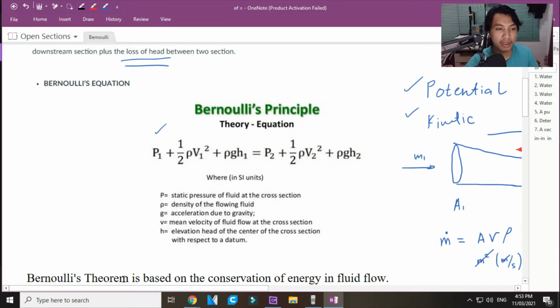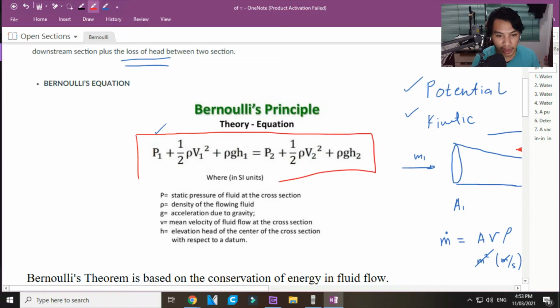Now, going back to the Bernoulli equation, by the energy in, energy out equation, energy in is equal to energy out. Under the laws of thermodynamics, energy can never be created nor destroyed, but it can only be transformed from one form to another. You know that.